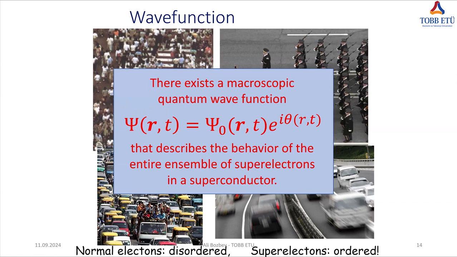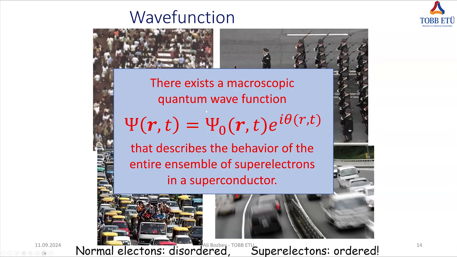This is explained by BCS theory. Bardeen, Cooper, and Schrieffer got the Nobel Prize because they explained this superconducting behavior in the materials. So please keep in mind that in a superconducting material, there is only one wave function that you can use to represent the material properties.